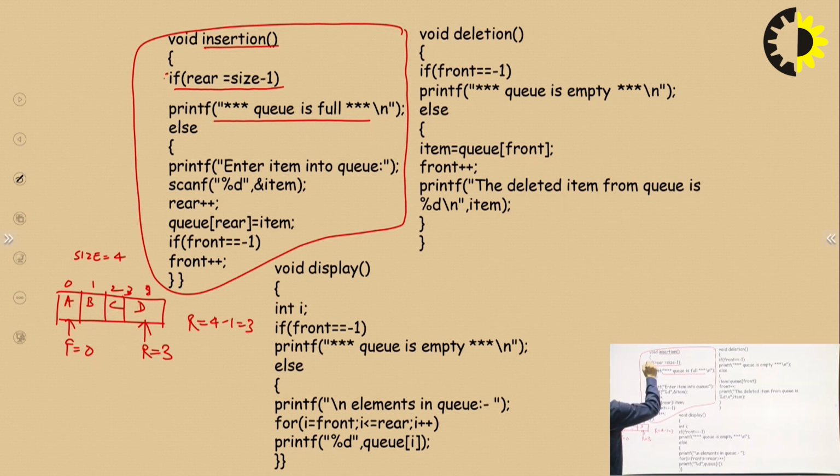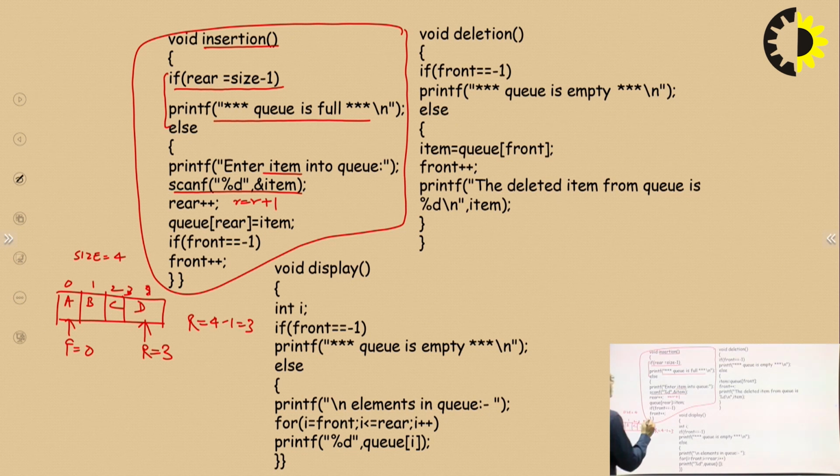If this is not true, then we will come to the else part. First of all, we will enter the value which we are going to insert. For example, we are going to insert some new value. Then we will scan that value. Then before inserting, always we are incrementing the rear pointer, that is rear equals rear plus 1.